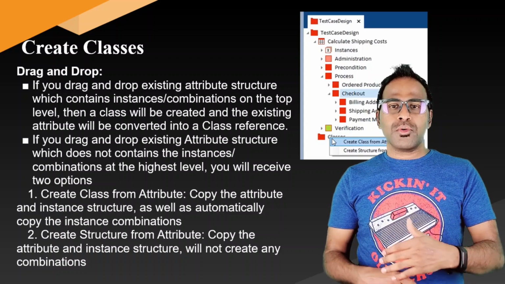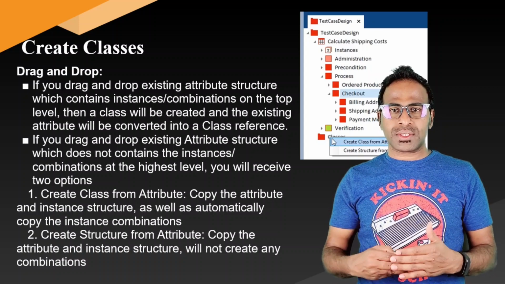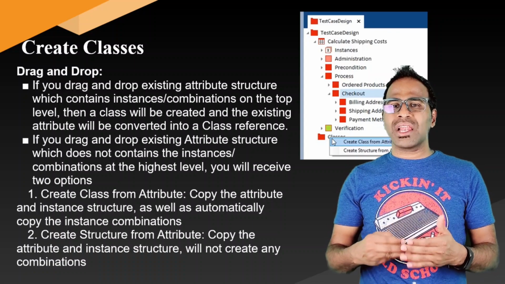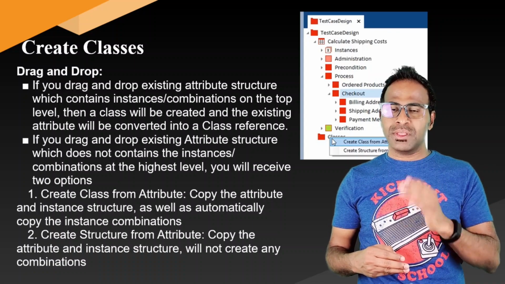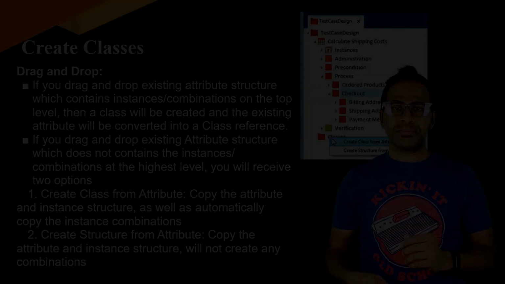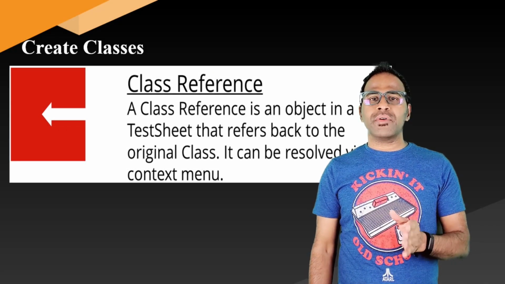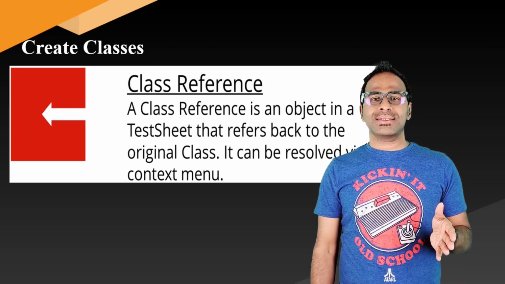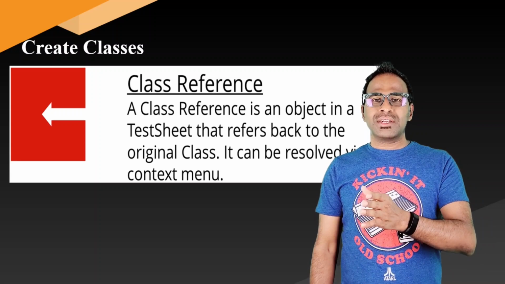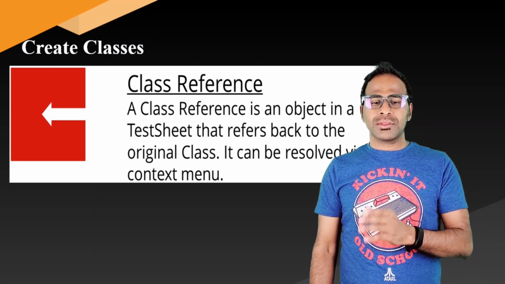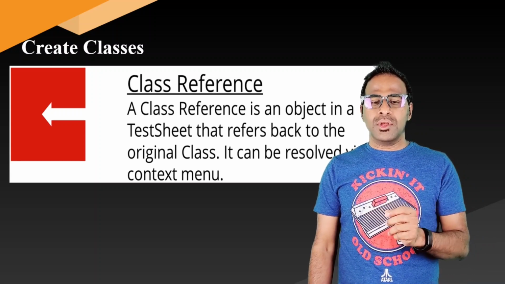Okay, when I walk you through the Tosca tool, you will clearly understand these concepts, but keep this in mind. As I explained, whenever you use a class in any test sheet as an attribute, it creates a class reference. This is how it looks.